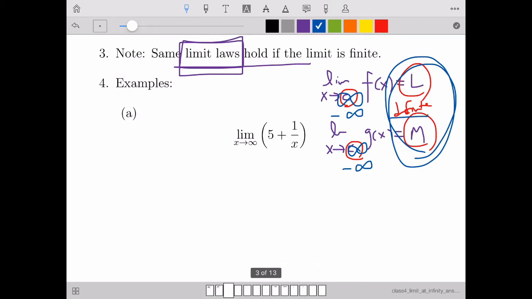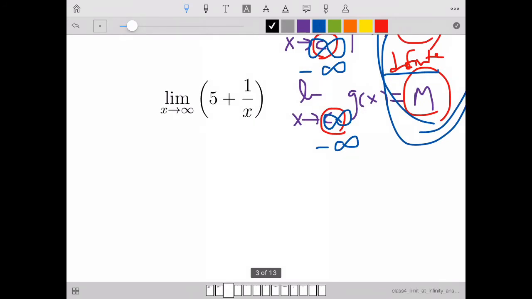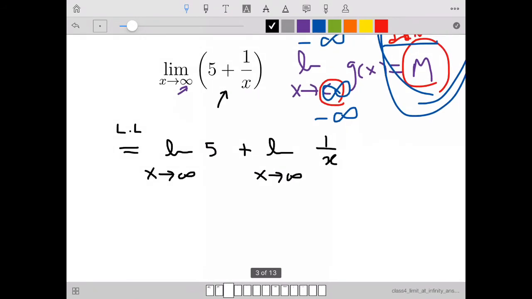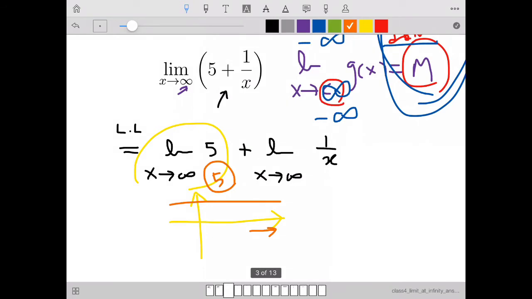Okay, so for example, I have the limit of the sum, right? Now it can be written as, even with infinity, we can apply limit law. Limit as x approaches infinity of 5 plus limit as x approaches infinity of 1 over x. That is because the limit of the constant function 5 as x approaches infinity is 5. It's a finite definite number.